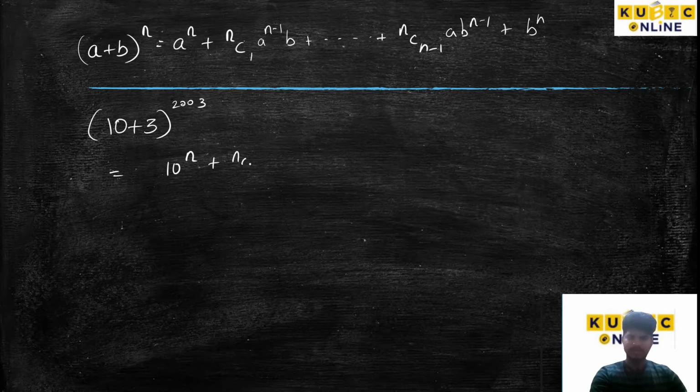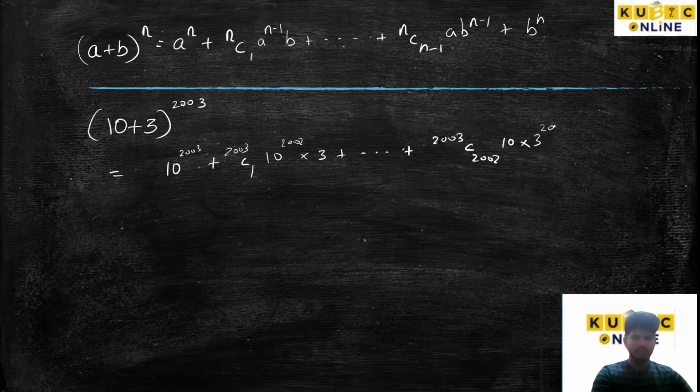So here we can write it as 10 to the power of 2003 plus 2003 choose 1, 10 to the power 2002 into 3 plus dot dot dot 2003 choose 2002, 10 into 3 to the power 2002 plus 3 to the power 2003.